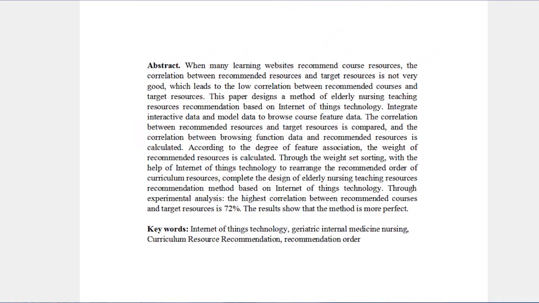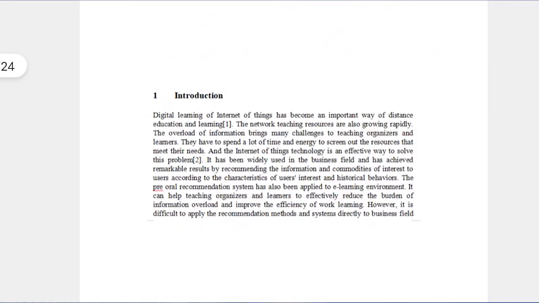Through experimental analysis, the highest correlation between recommended courses and target resources is 72%. The results show that the method is more perfect. Keywords: Internet of Things technology, geriatric internal medicine nursing, curriculum resource recommendation order.